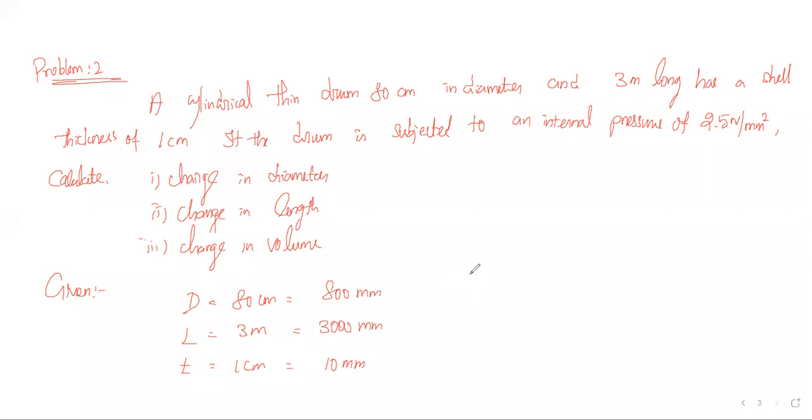Then internal pressure small p is equal to 2.5 Newton per mm square. E value is equal to 2 into 10 to the power 5 Newton per mm square, and Poisson's ratio mu is equal to 0.25. So let us find out the data like our previous problem. So solution.